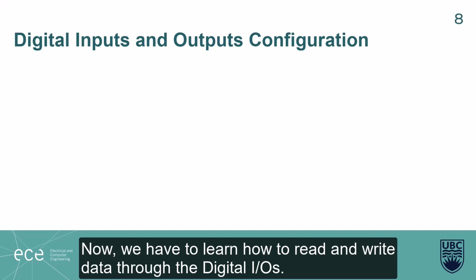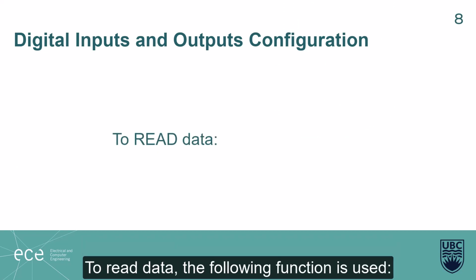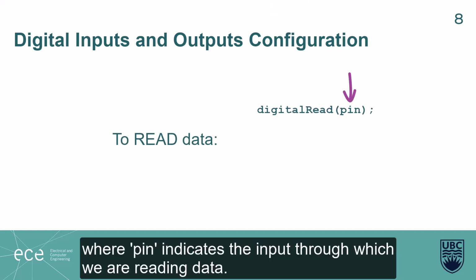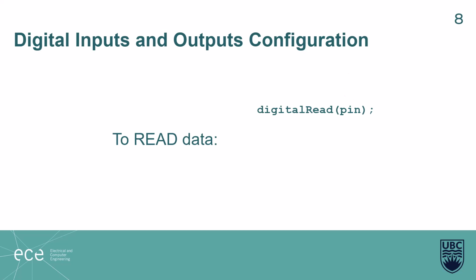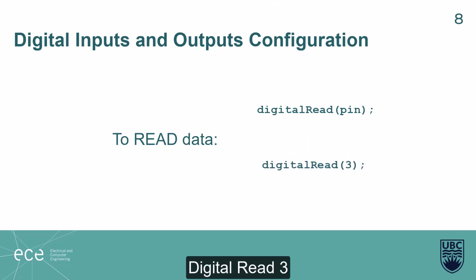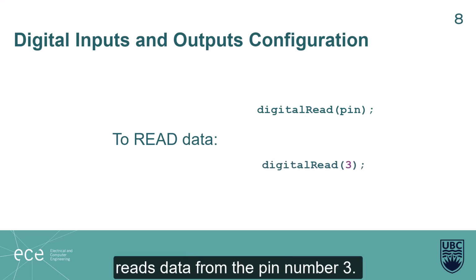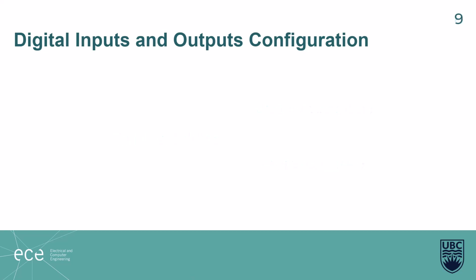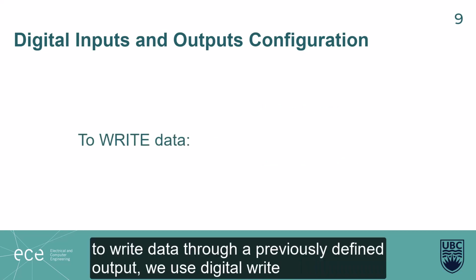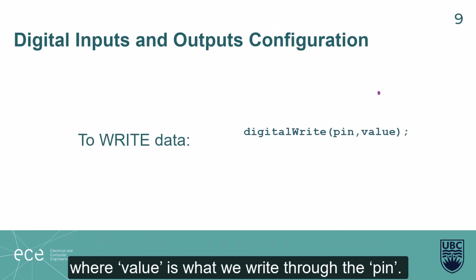Now, we have to learn how to read and write data through the digital I/Os. To read data, the following function is used, where pin indicates the input through which we are reading data. For instance, digitalRead(3) reads data from pin number 3. In a similar way, to write data through a previously defined output, we use digitalWrite, where value is what we write through the pin.